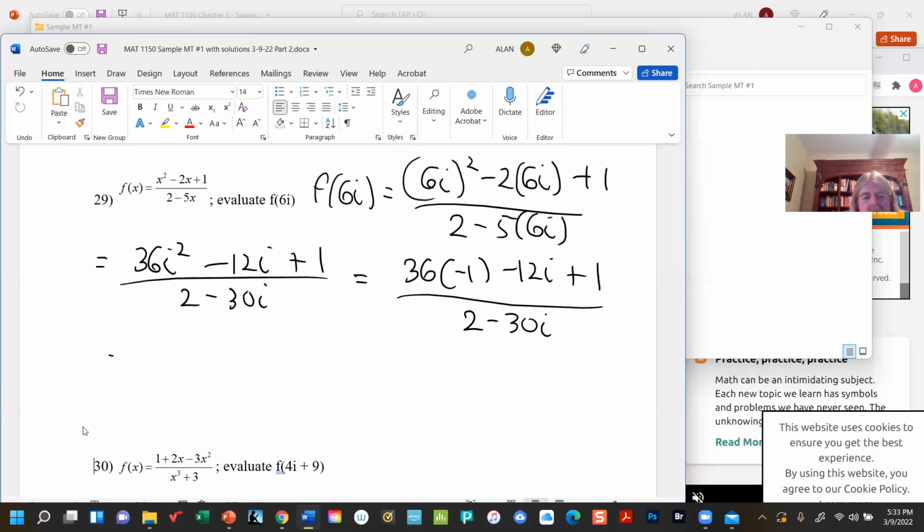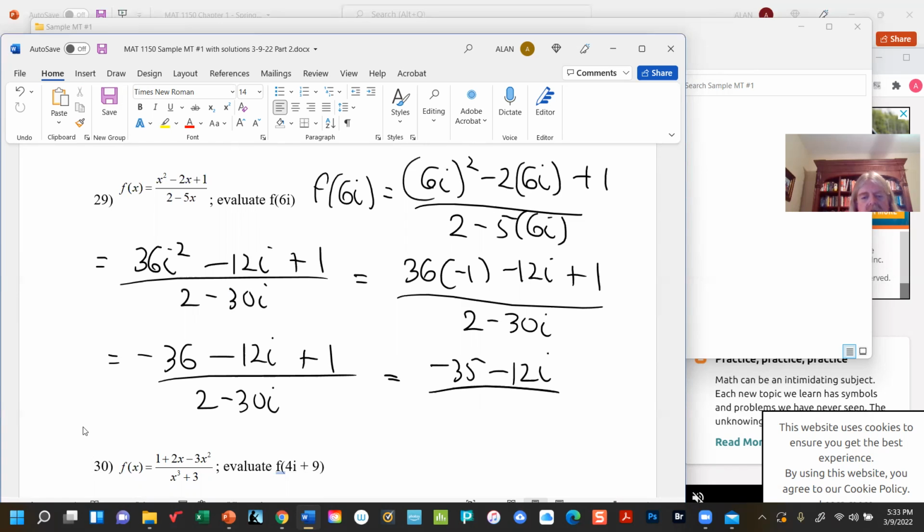All right, so I've got minus 36 minus 12i plus 1 over 2 minus 30i. Now, let's rewrite it as minus 35 minus 12i over 2 minus 30i. Now, here's the thing.